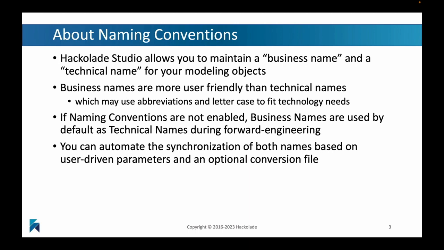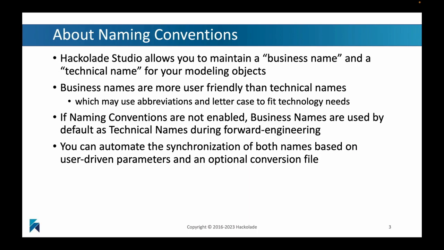Right? Technical names, for example, might use abbreviations or some kind of a case alteration that might fit the technology needs. Right? Some technologies have a need for shorter naming or for a specific layout or whatever it might be, and so therefore we try to facilitate this in our Hackolade Studio by enabling these naming conventions.